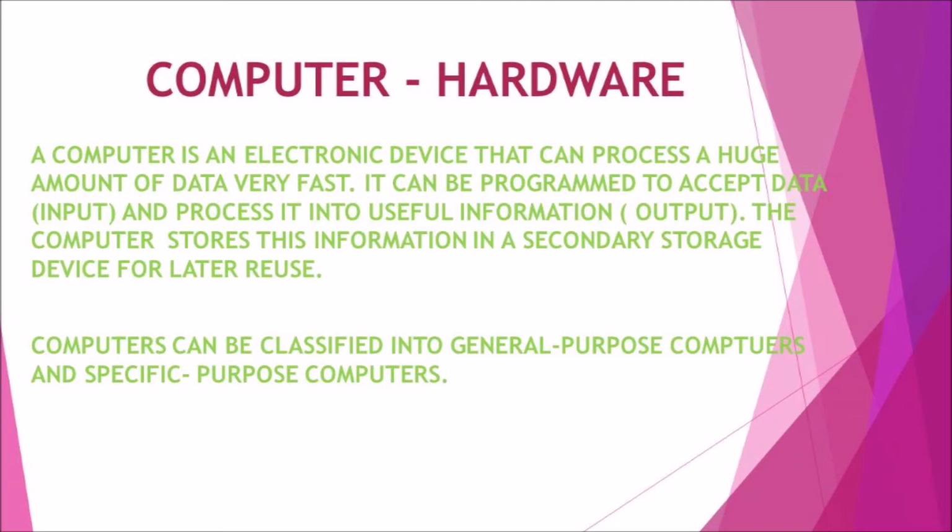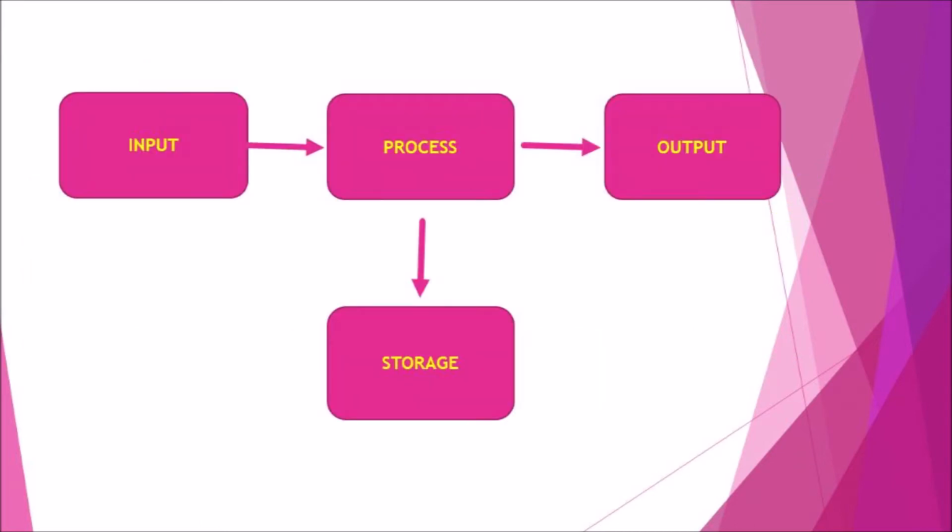So we divide the computer into two types. One is the general purpose computer, and the other one is the specific purpose computer. This is the information processing cycle of the computer.